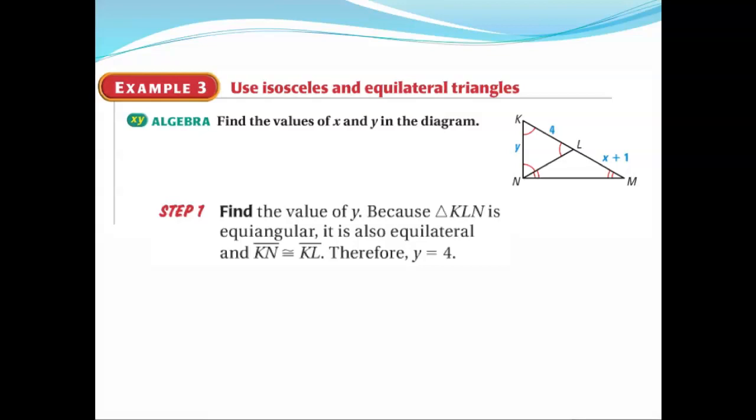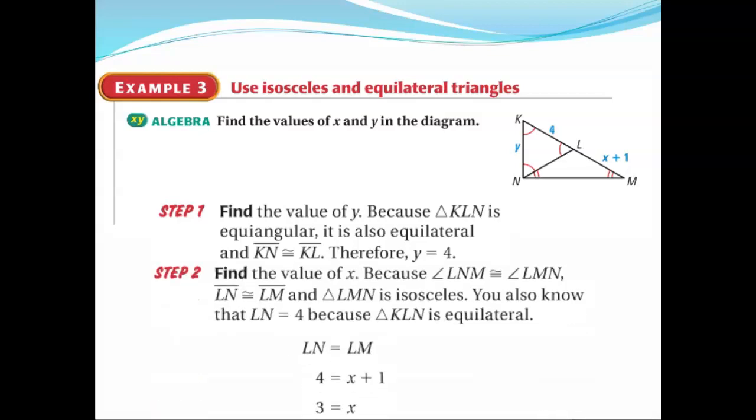So that means LM must also equal 4. So x plus 1 has to equal 4. Solving that, we get x is equal to 3. So the values of x and y in the diagram, x is equal to 3 and y is equal to 4.